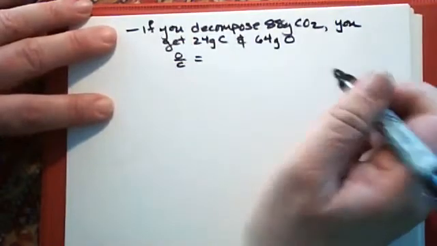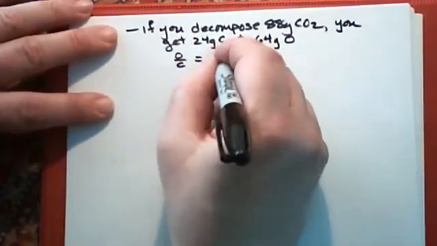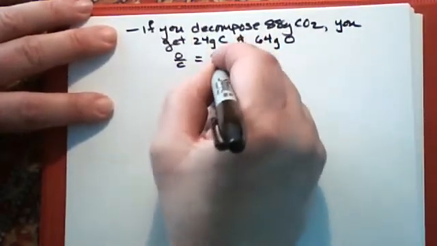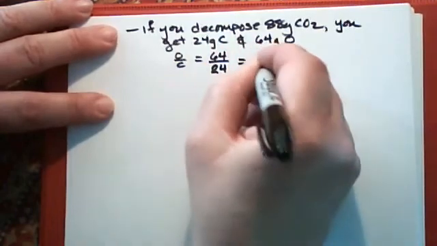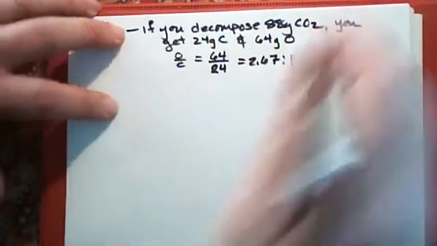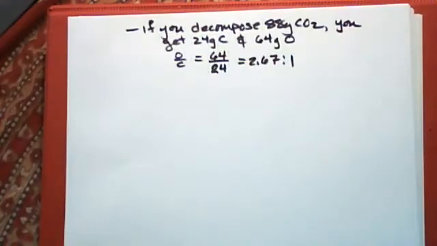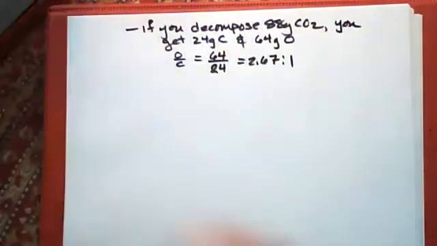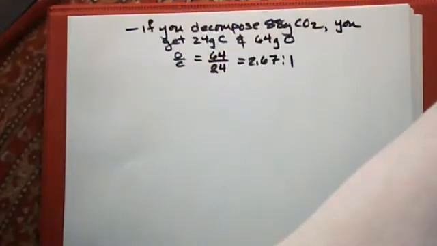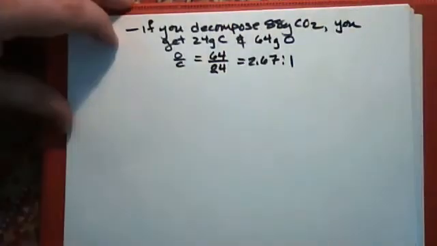The oxygen-carbon ratio in this case would be 64 over 24, which is 2.67 to 1. So it wouldn't matter how much carbon dioxide you decompose, you always get that same ratio of oxygen to carbon.